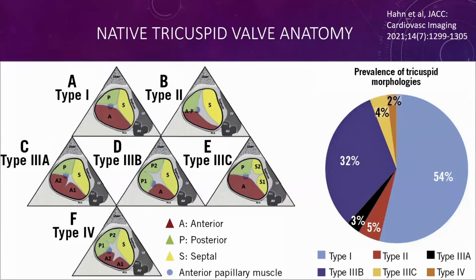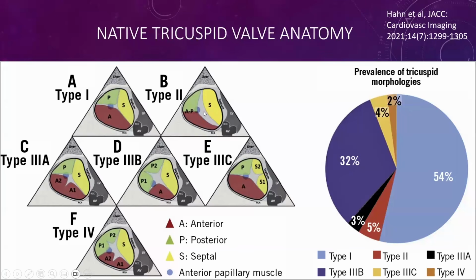And so you can see here in 54% of the population, you have type 1, which is the typical septal, anterior and posterior leaflet. But in just under 50% of the patients, the morphology of the anatomy is different. You can have a fused anterior and posterior leaflet where it functionally acts all as one leaflet and just one septal leaflet.